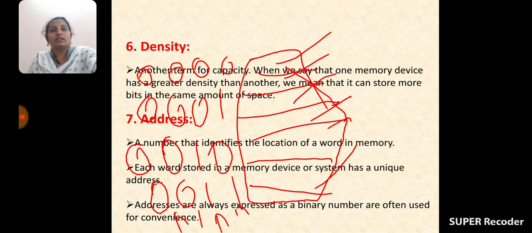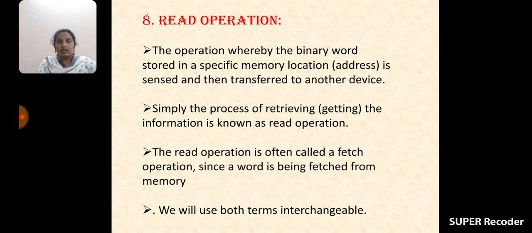And the next very important term is read operation. Okay, I already told you. Read operation means that by the application of a clock pulse across the read terminal, the data must be recalled from the memory.